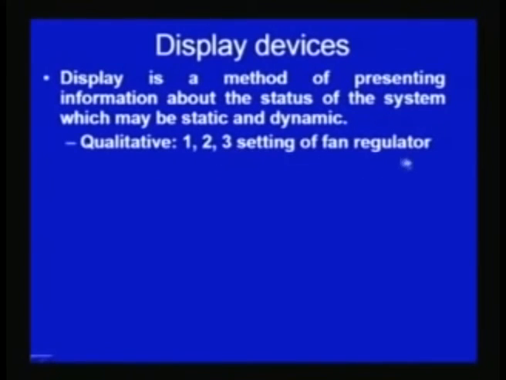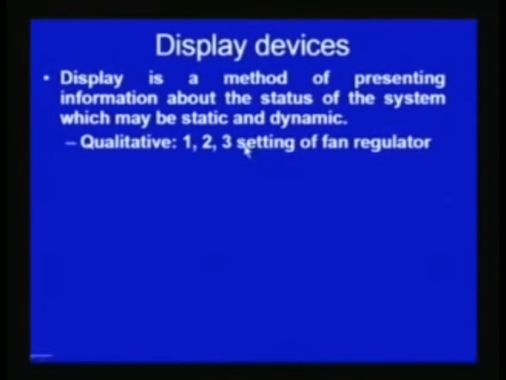This actually does not indicate the speed of rotation of the fan. It is just symbolic, that is, when the control position is changed, it affects the speed of the fan.